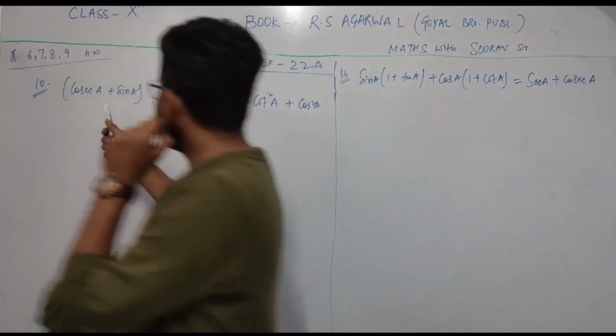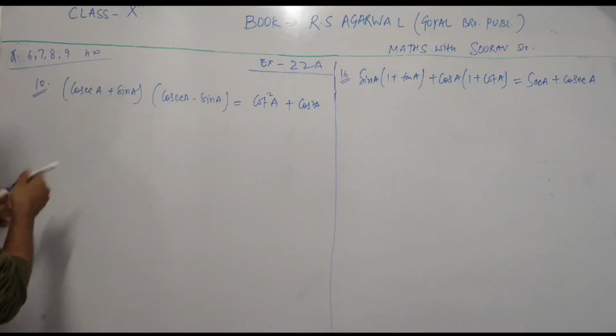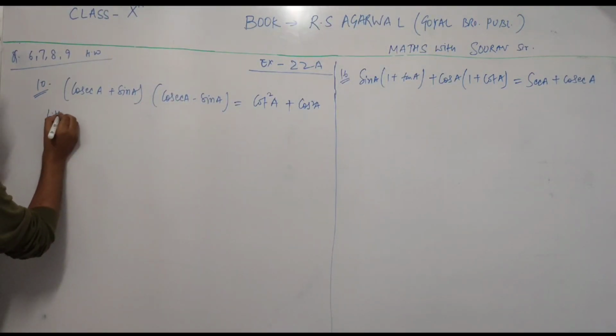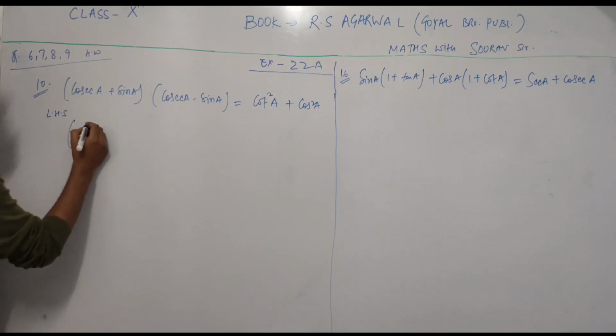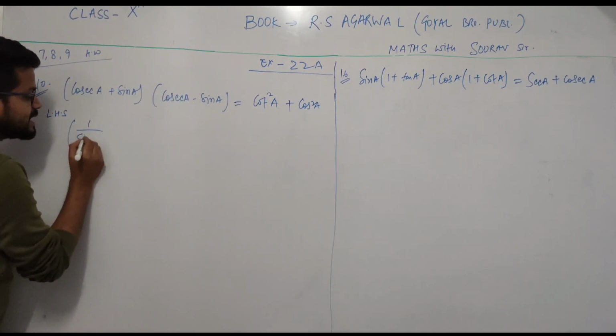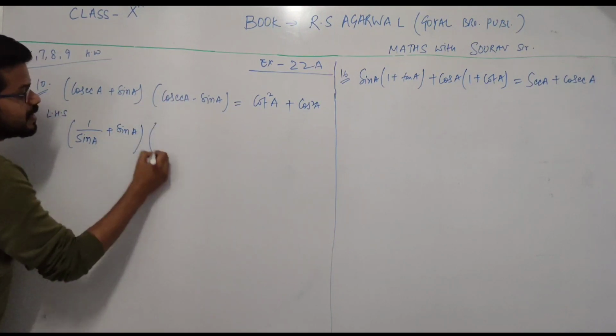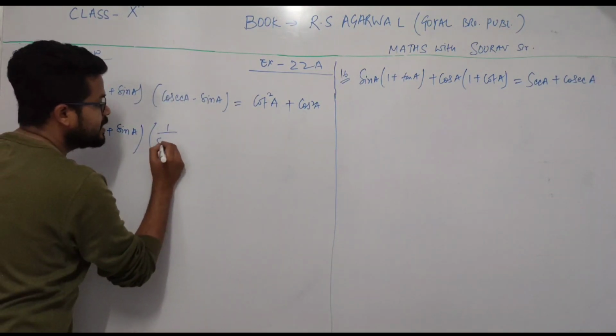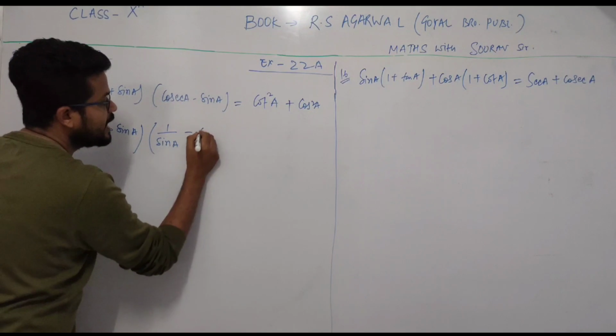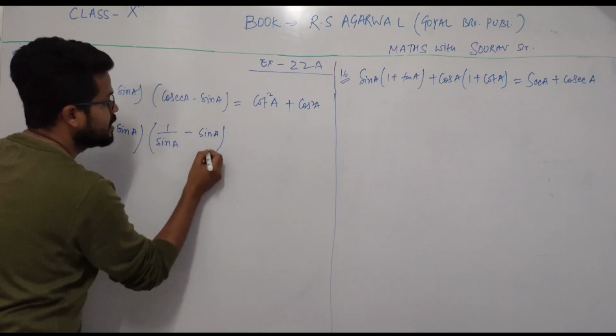Okay, so here this is cosec A and this is sin A. So from LHS I convert this cosec A into 1 by sin A, plus this is sin A, and this is cosec A, 1 upon sin A, minus sin A.